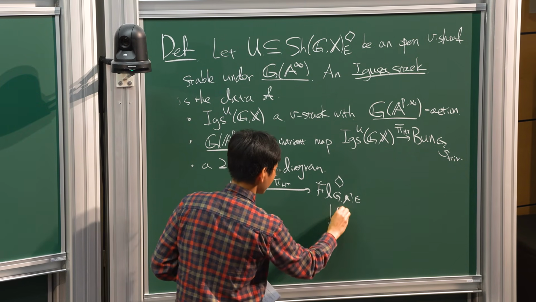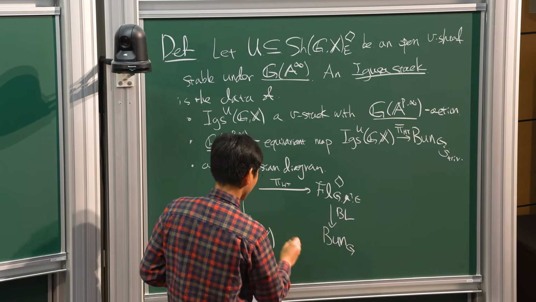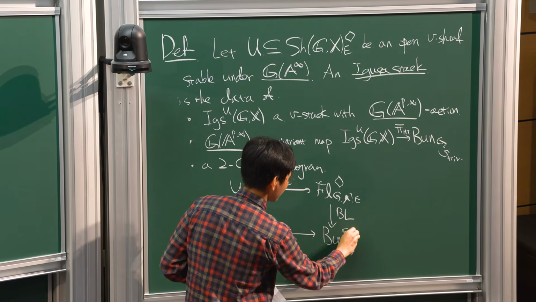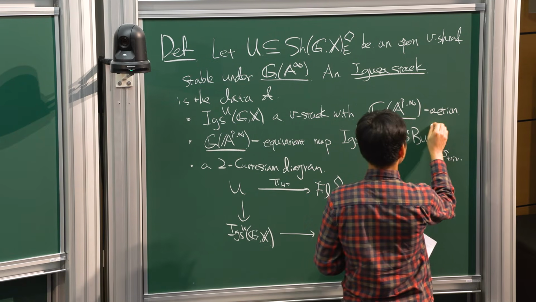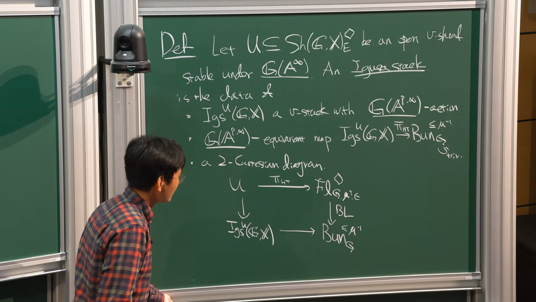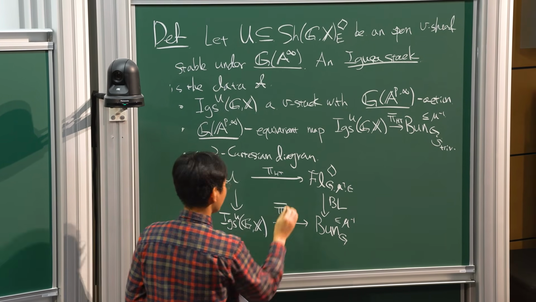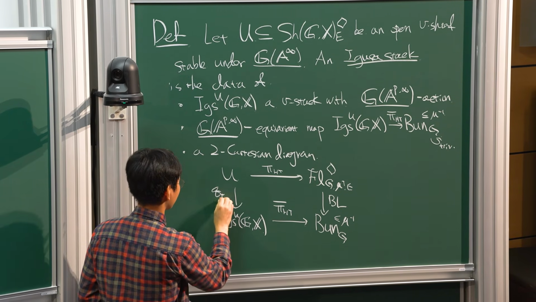This would map, via the Bhatt-Lurie map, to Bun_G. And this is also bounded by mu inverse, so I should put a mu inverse here and mu inverse here. So this was pi Hodge-Tate bar. And I think this is sometimes called Q_X.